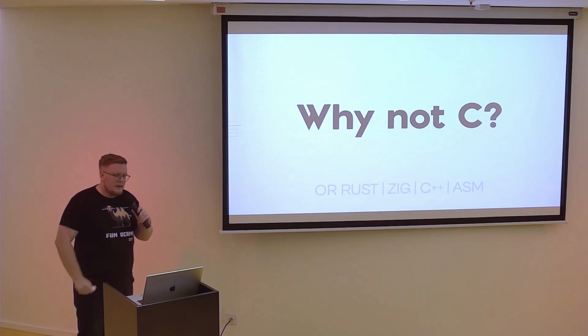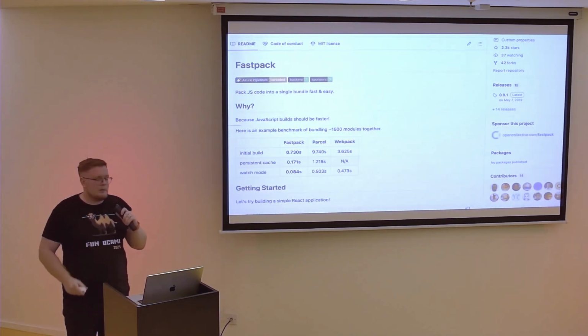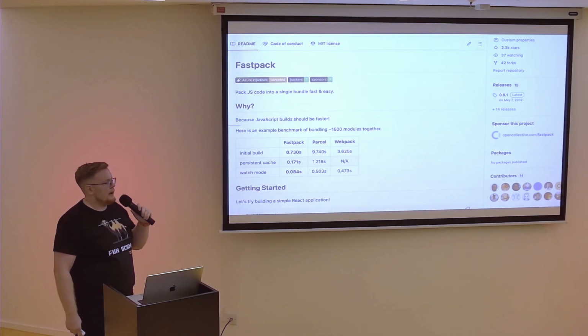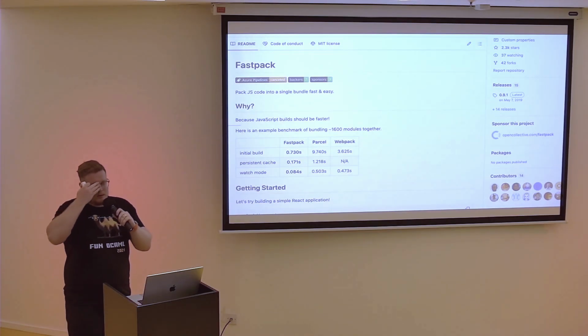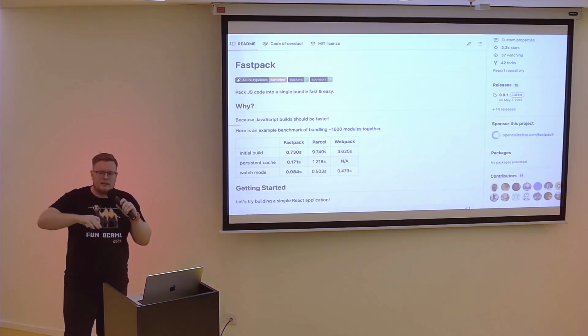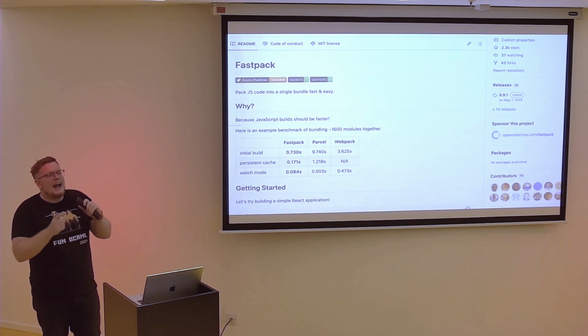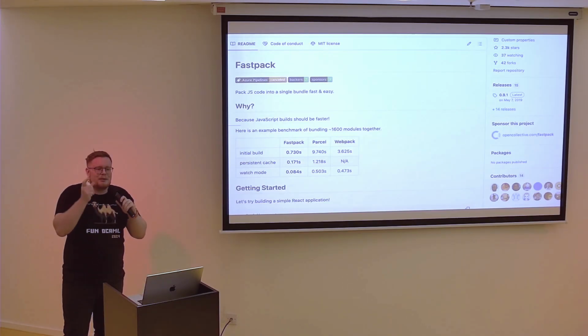There is a more practical reason why I did choose OCaml, because if you remember, there was a project called Fastpack. Maybe not a lot of people remember it, but in fact, this project was basically an alternative to ESBuild, which packs and bundles JavaScript. And at the very start, it was actually faster than ESBuild.